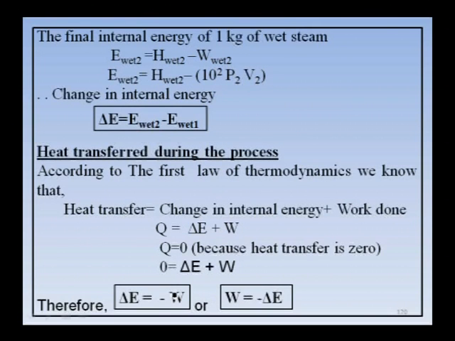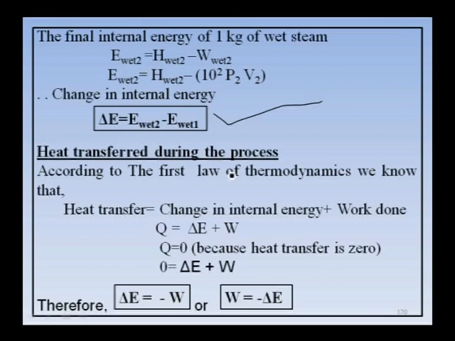Next, the final internal energy of 1 kg of wet steam, with the same relation: E wet 2 is equal to H wet 2 minus W wet 2. The formula is H wet 2 minus 10 square P2 V2. Therefore, delta E, the change in internal energy, becomes E wet 2 minus E wet 1. This is similar to previous cases also.